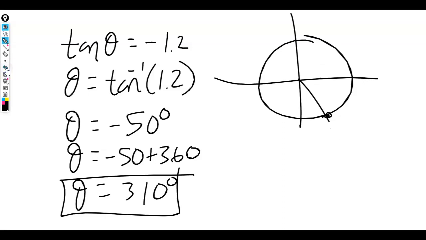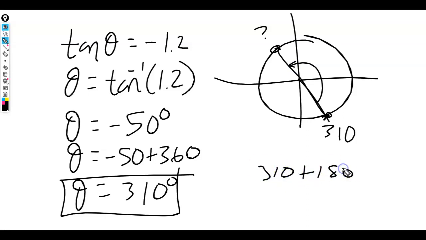Get rid of the angle line that I drew. Now, where's the one that matches it? Well, it's diagonal to it, so it's going to be over here. So if this is 310, what's this angle going to be up here? Well, you can't add 180 to it. If you add 180 to it, guess what you end up with? You're going to end up with 490, and we don't want answers that are bigger than 360, right? So how are we going to find that angle if I can't add 180 to it?